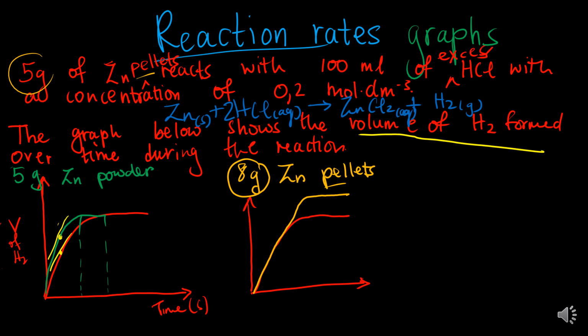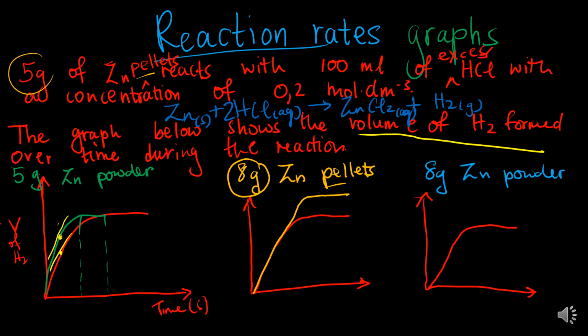Then what happens in a third scenario, where they change both the mass of the zinc and the state of division? So let's say 8 grams of zinc powder, right? Instead of pellets, they use powder, and instead of 5 grams, they use 8 grams. What happens in that instance?